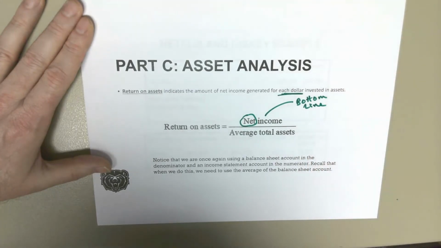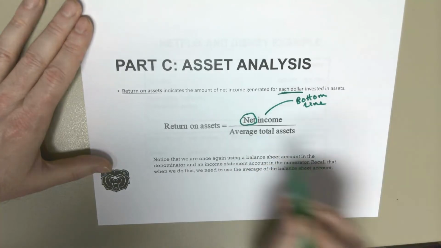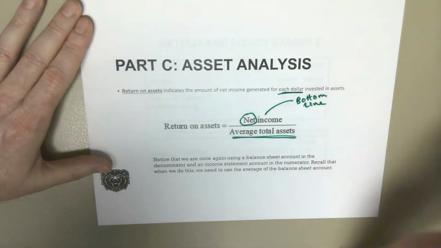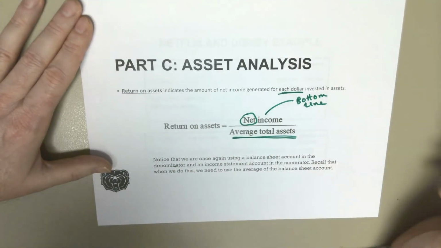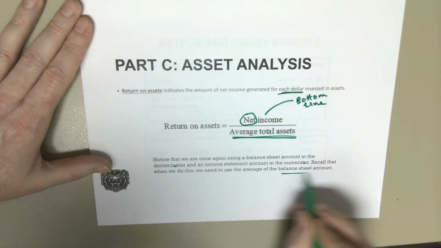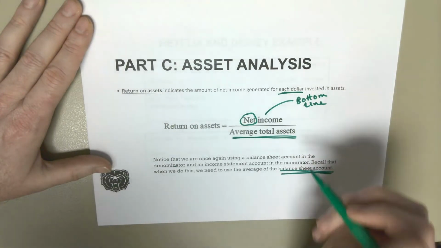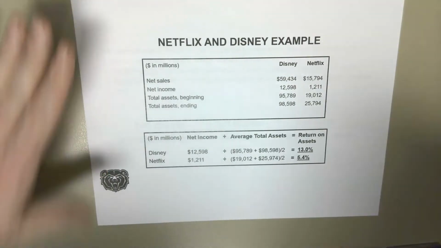This is the last line on your income statement. Here, we have average total assets. Notice again that we are using a balance sheet account in the denominator and an income statement account in the numerator. When we do this, we need to use the average of the balance sheet account. Okay? So we are using average total assets, not just total assets. Okay?